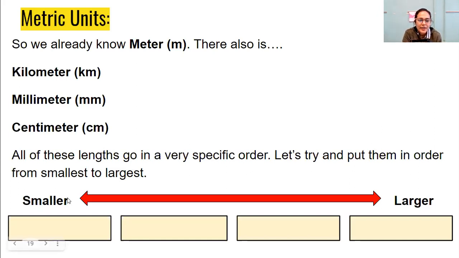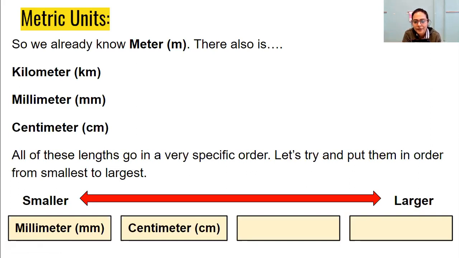As you can see here, the smaller is on the left and the larger on the right. The millimeter is the smallest. The centimeter follows, then the meter, and then the kilometer. And you're going to see why soon. It's going to be easy for you to know this order: millimeter, centimeter, meter, kilometer.